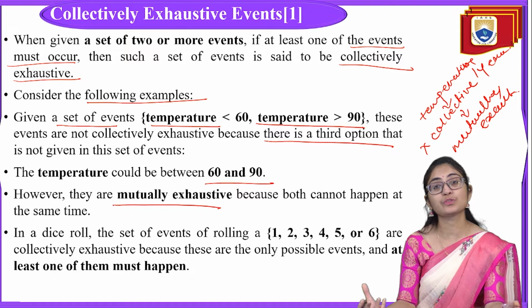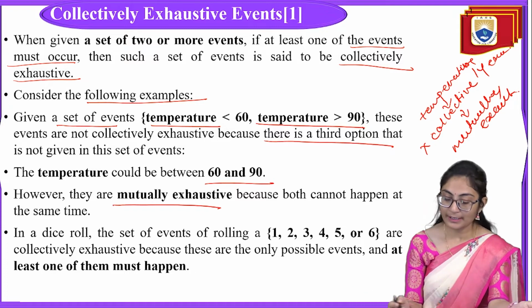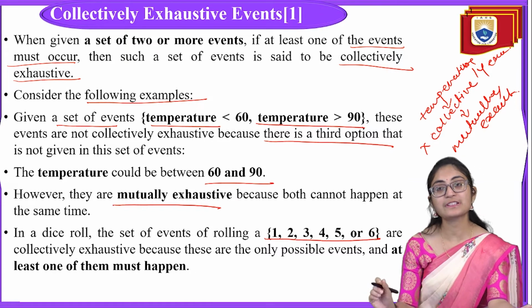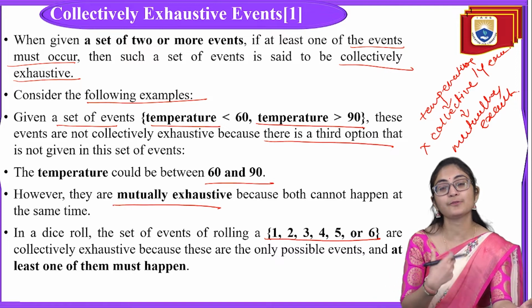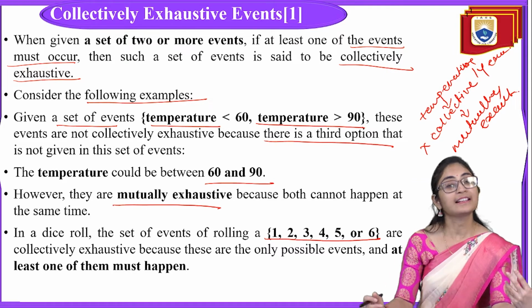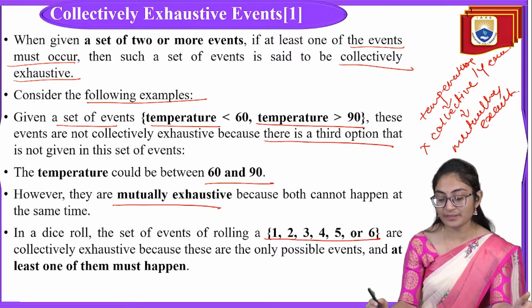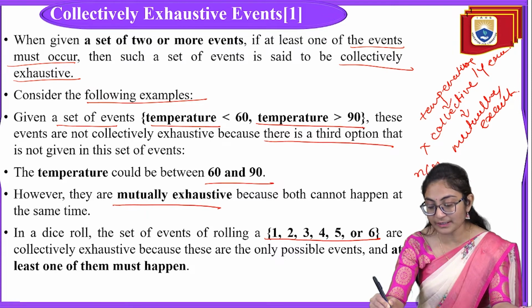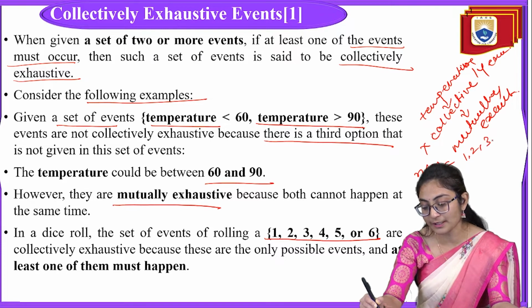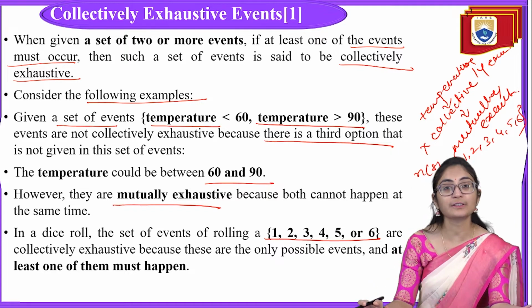In a dice roll, the set of events is rolling 1, 2, 3, 4, 5, 6. You know that if we roll a dice, its sample space will be 6 values: 1, 2, 3, 4, 5, 6. Not more than 6 and not less than 1.